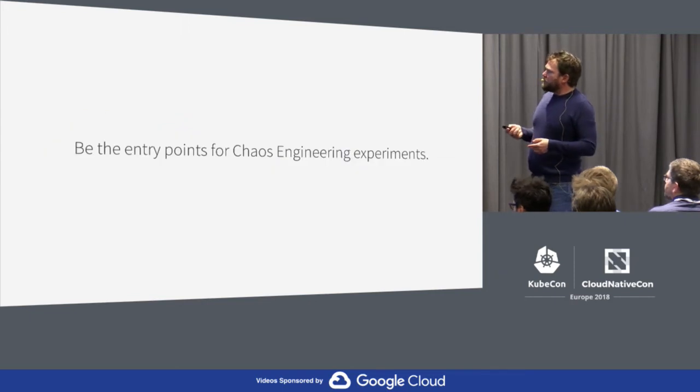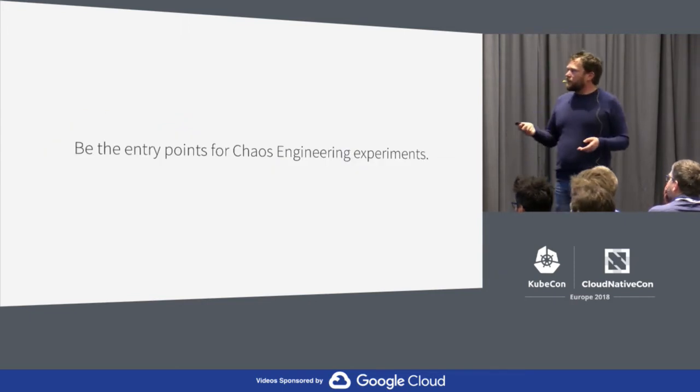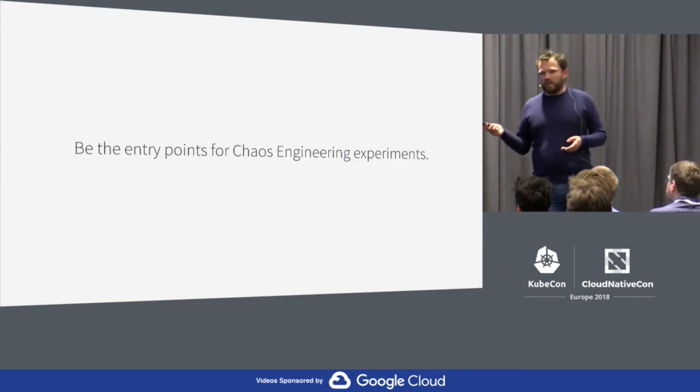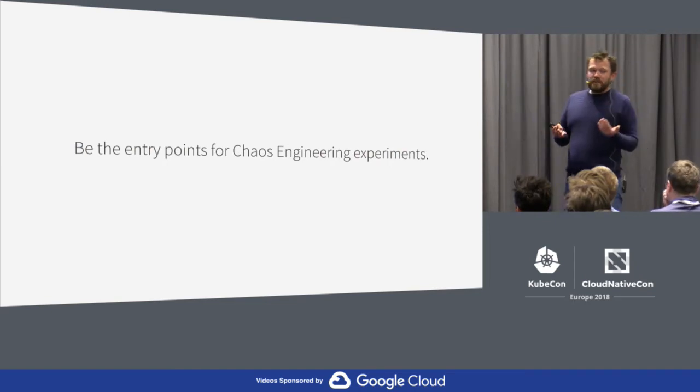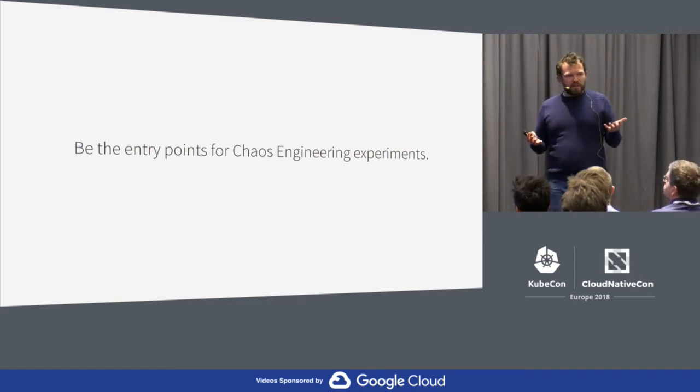The core objective of the toolkit is that we try to be the entry point of the chaos engineering experiment. What that means is, when we started it, we realized there are many tools out there, but they aren't easy. If you tried Chaos Monkey, even setting it up requires quite a bit, right? It's not something you can grab and just run. If you haven't got the time or the mindset, then it's quite involved.